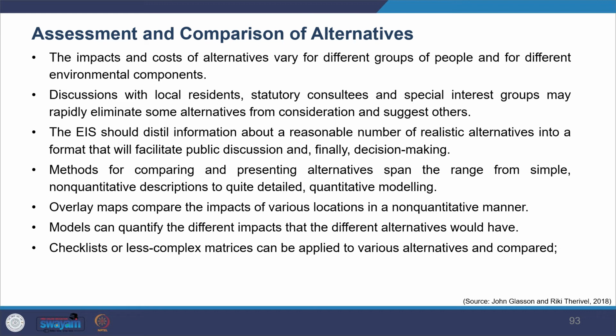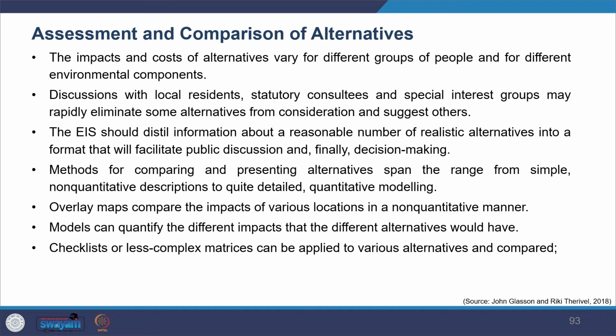They can be non-quantitative, descriptive in nature. Then you can have quantitative modeling, where you have numbers for all the alternatives and can quantitatively explain which one is better. And you can also have overlay maps where you can undertake the analysis and show where you have better results.